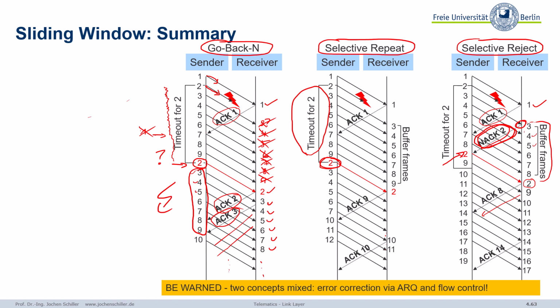At the same time, we use a sliding window protocol. Sliding window for flow control. We mix the two concepts, error correction and flow control, and we will come back to this mixing of these concepts, because there are certain consequences.